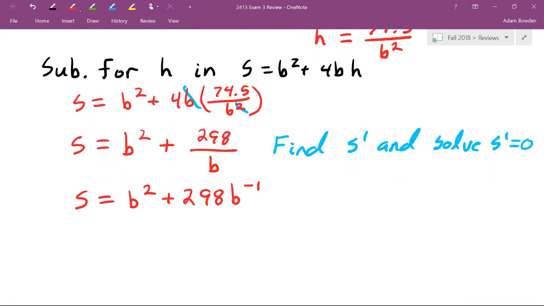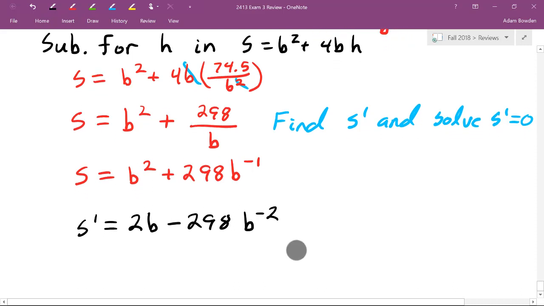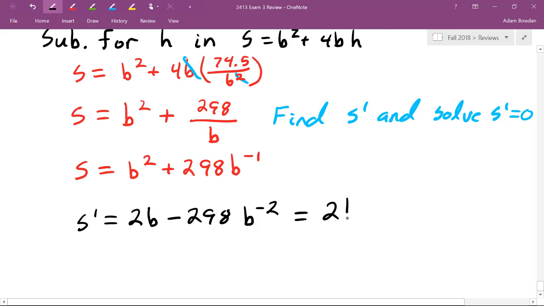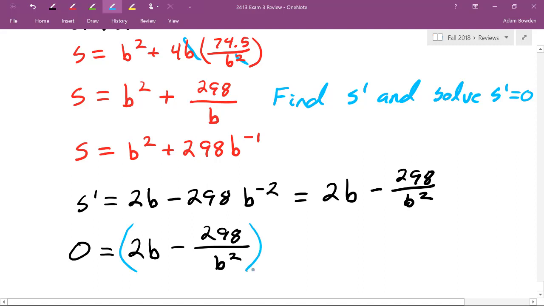So that when we take the derivative, we'll have S prime is 2B minus 298B to the negative second power, or 2B minus 298 over B squared. So now we're going to solve that derivative for 0. And that'll help us find the optimal value for the dimensions.